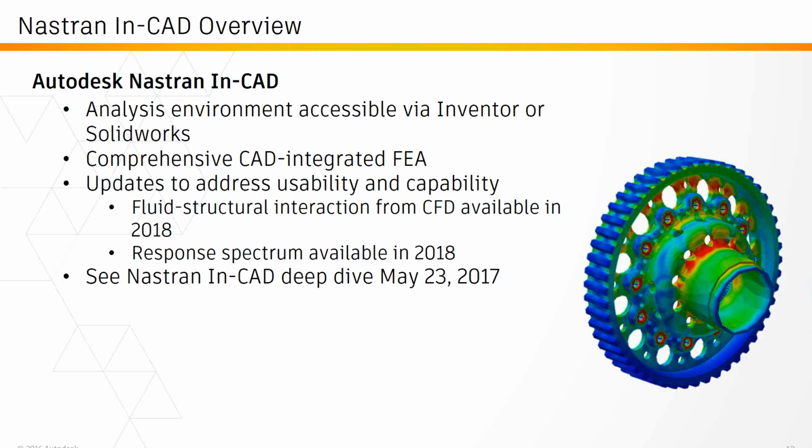And you'll see other improvements, and some more significant updates and upgrades made in future releases. As far as the schedule, keep in mind we'll be doing this Nastran in CAD deep dive on May 23rd, just next month, digging more into the capabilities and some of the tool sets that you can take advantage of.